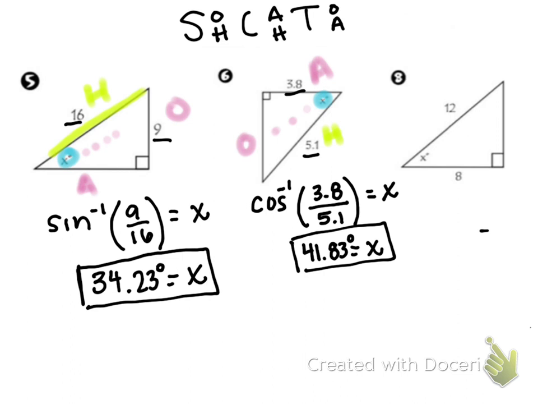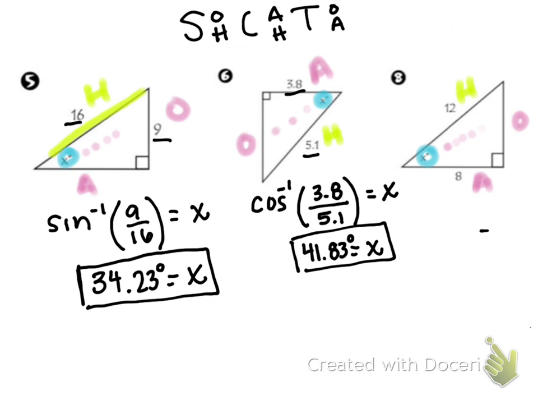For this next one, we have X right here. Go ahead and label your sides. So H. Opposite means in front of, so this one's in front. And adjacent means next to. The two sides next to the angle are this side right here and this side. This side's already H, so that means this side must be my adjacent. Now look at what you have to determine what trig ratio you're going to use.